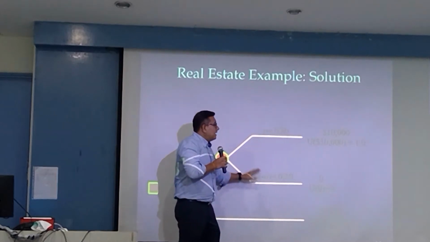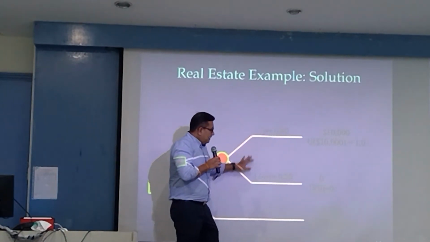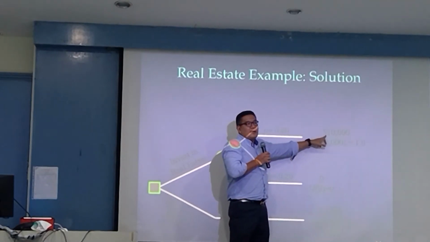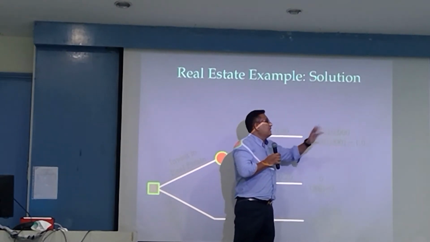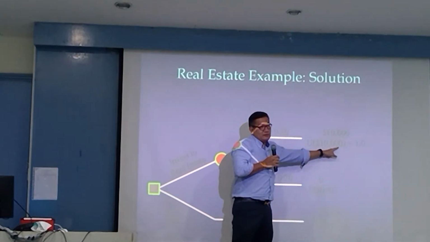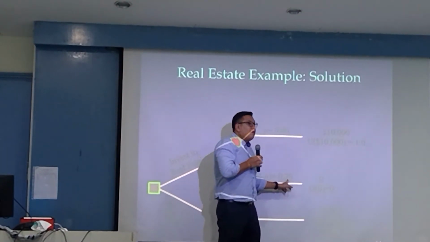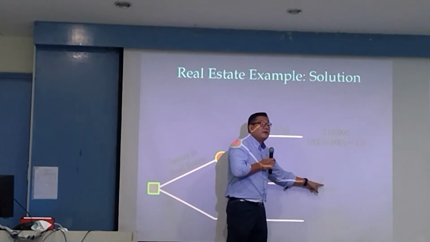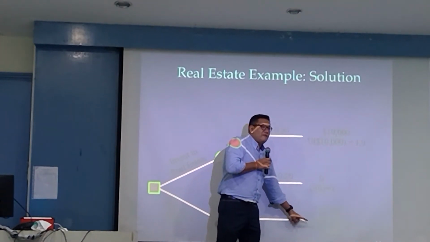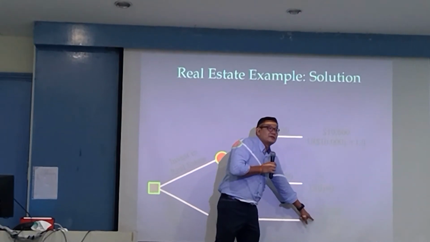So if you calculate this case, by assigning the best payoff 10,000 to be, let's say, 1. 10,000 is the best payoff, utility value equal to 1. The worst payoff is 0, so I let it be 0. And I try to find the utility value of this money, 5,000.